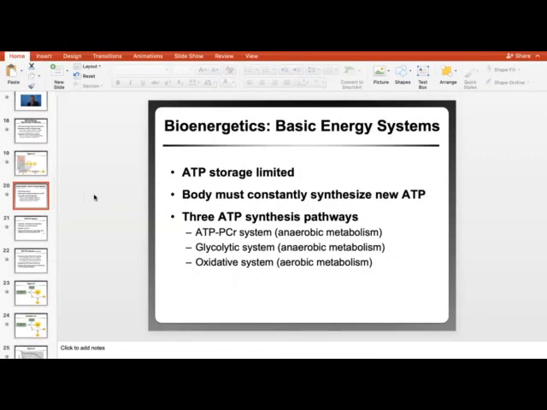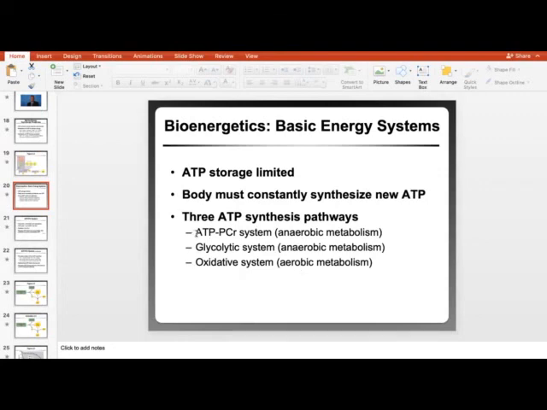All right, so bioenergetics, basic energy systems. For the most part, you're going to be using ATP, but you really don't have enough ATP. We already showed you that you only have a small amount of glycogen stored in your muscles, and we really don't have too much ATP stored in our body, but it's kind of good because we can create it a bunch of different ways.